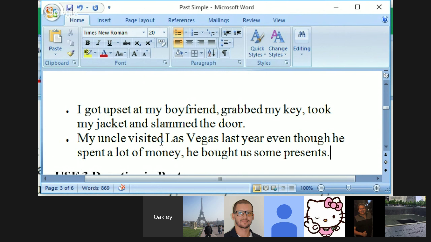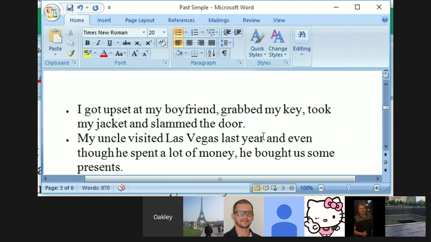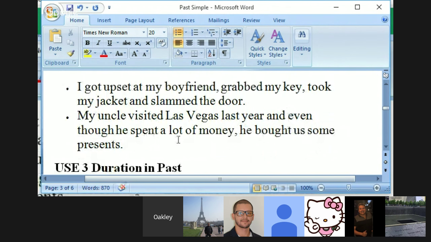Okay. Well, let's take a look. My uncle visited Las Vegas last year. That's obviously a finished action. If you're going to combine this clause beginning with even though, I would definitely use and here. And even though he spent a lot of money.